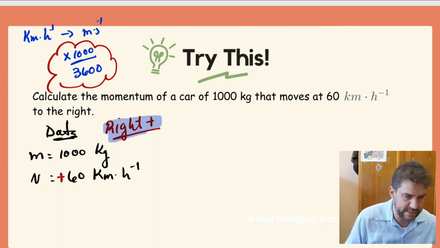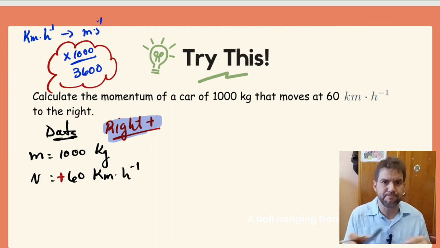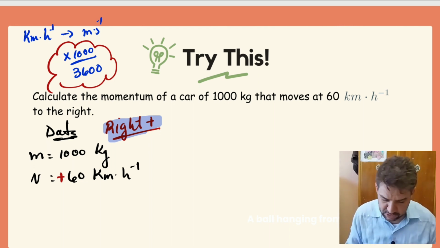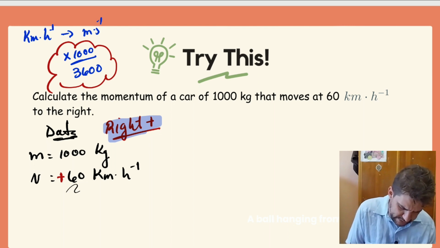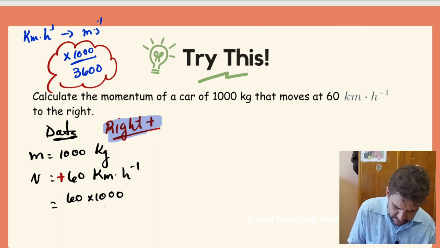So let me just get my calculator, and then let's convert this one. I'm going to write it so you can see: this is equal to 60 times 1,000 divided by 3,600.